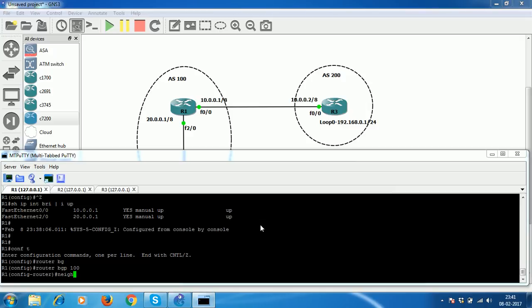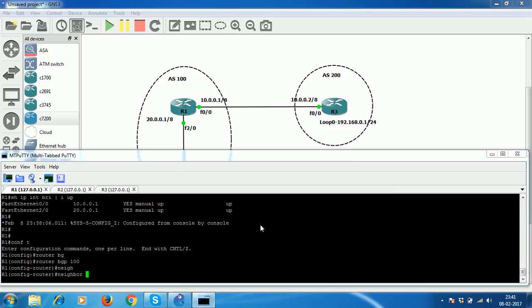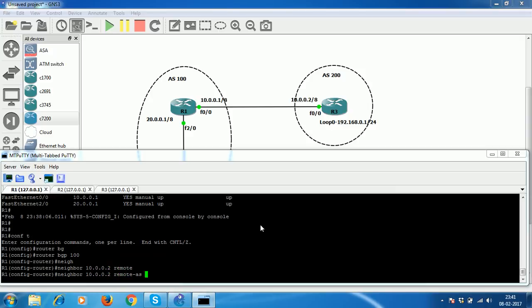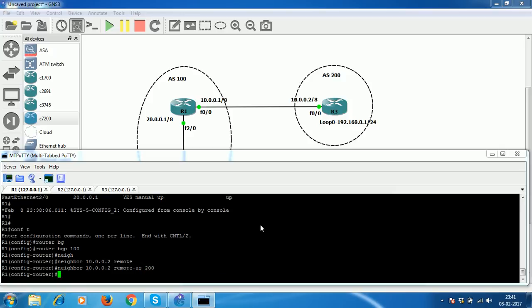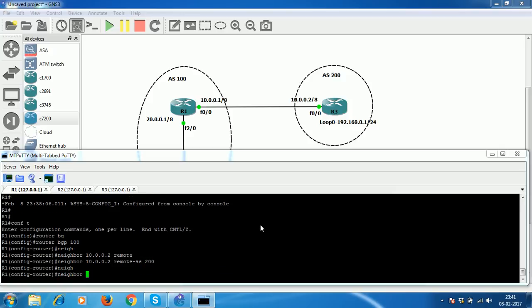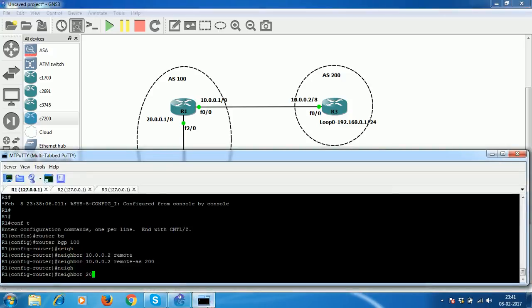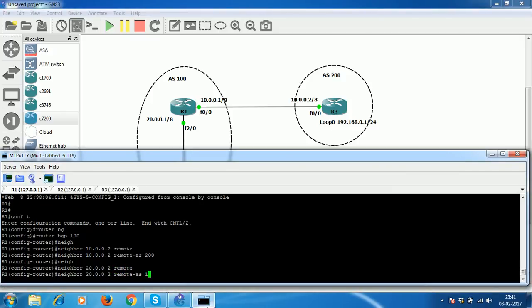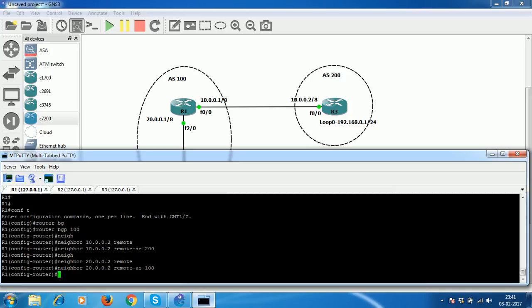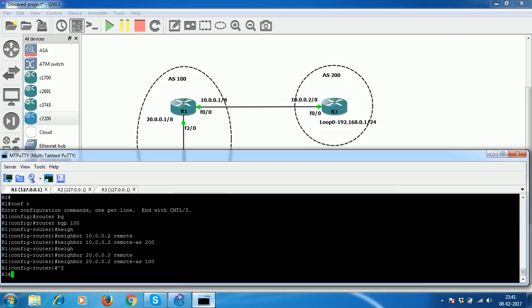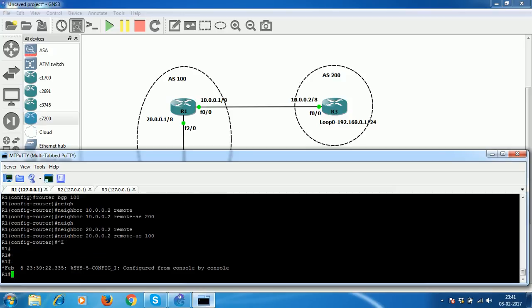So in commands: neighbor 10.0.0.2 remote-as 200, which is the AS of R3, and neighbor 20.0.0.2, which is R2's IP address, remote-as 100, the same AS. Fine, we have done R1.